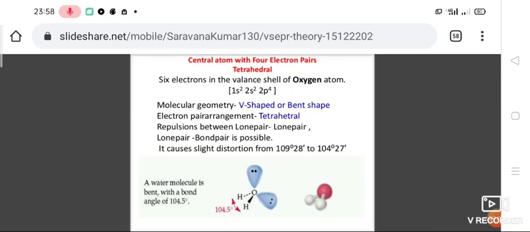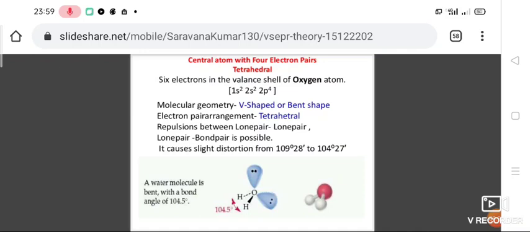As is expected, the decrease in the bond angle is greater in water than ammonia due to 2 lone pairs in water. So these are very important points.